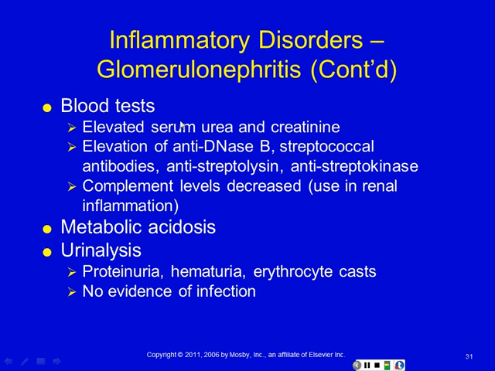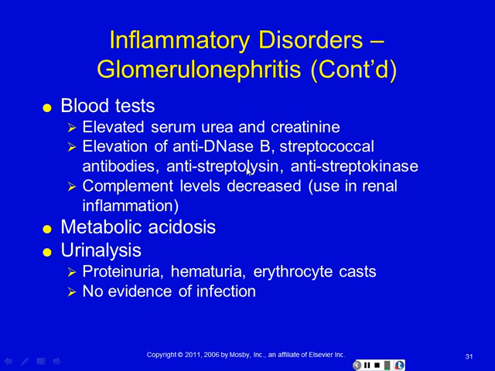So we look for glomerulonephritis by looking at the blood and the urine. So we see an elevation in urea and creatinine, that's signs of a low GFR, which we just talked about. For the streptococcal version of this, we can look specifically for those problematic antibodies. So we look for anti-DNase, anti-streptolysin.